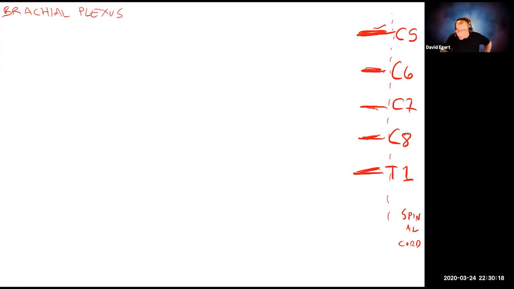Even though it's arising mainly from cervical nerves, it's called brachial plexus because it's going to make all the nerves that go down your arm. All right. The first thing that happens is these create trunks. So the first thing are going to be trunks.